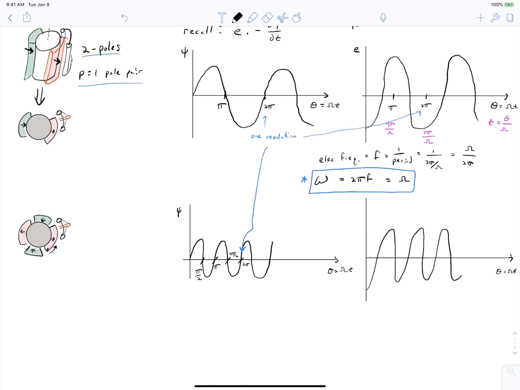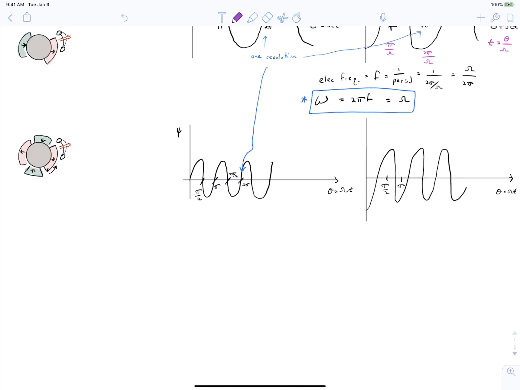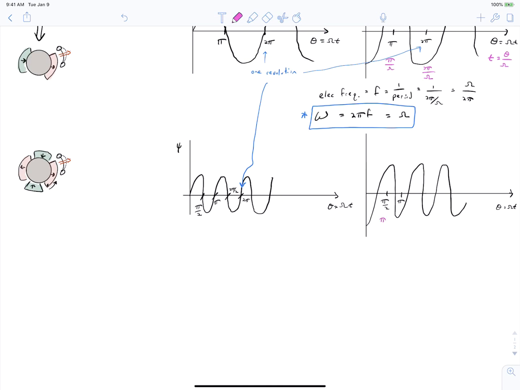You can imagine that I'm drawing perfect sine waves here. So we can now make the observation that our electric period is half of what it used to be, which means that our electric angular speed is now twice the speed of the rotor, the mechanical speed.